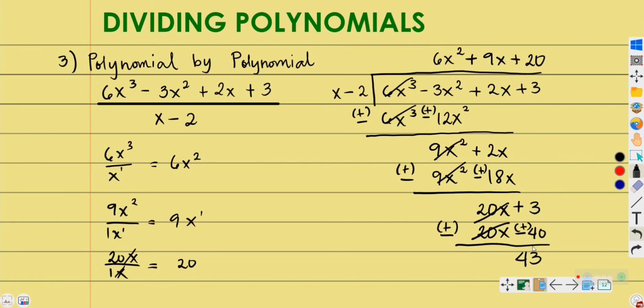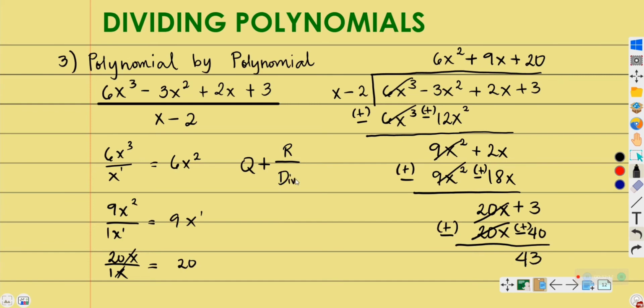Paano natin isusulat yung final answer? So, ito yung quotient natin. So, tatandaan na. Ang final answer po ay magiging ganito. Quotient plus remainder over divisor. Paano ba yung divisor?